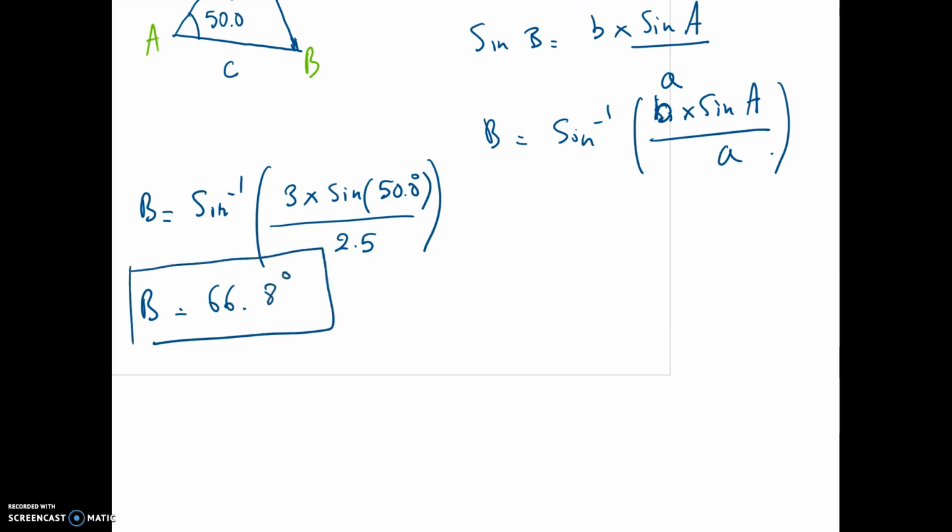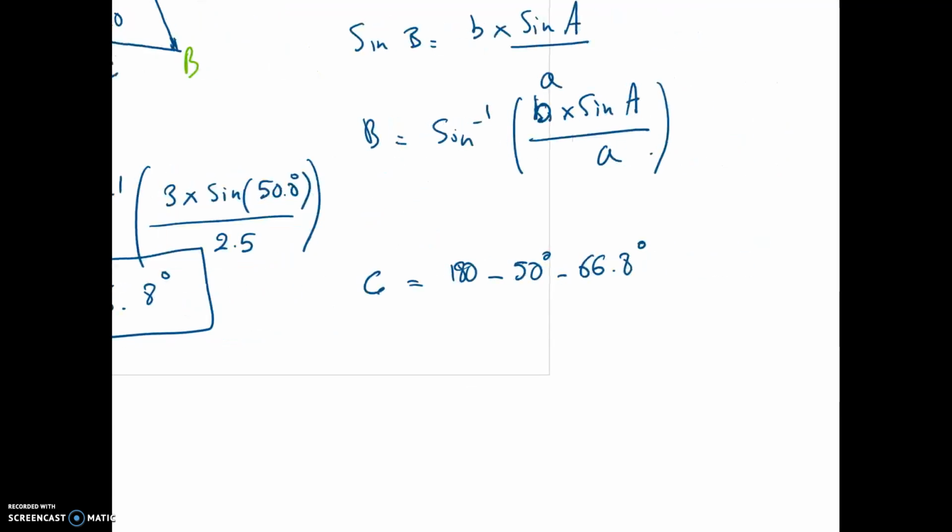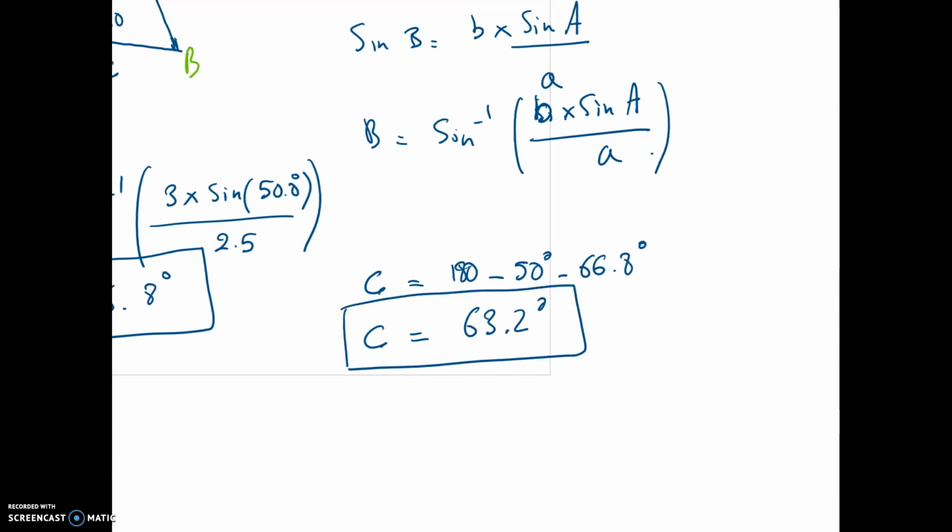Once I have the angle B, knowing the angle A, I know that the angle C will be equal to 180 minus 50 degrees minus 66.8 degrees. And I end up with an angle C equal to 63.2 degrees. Okay?